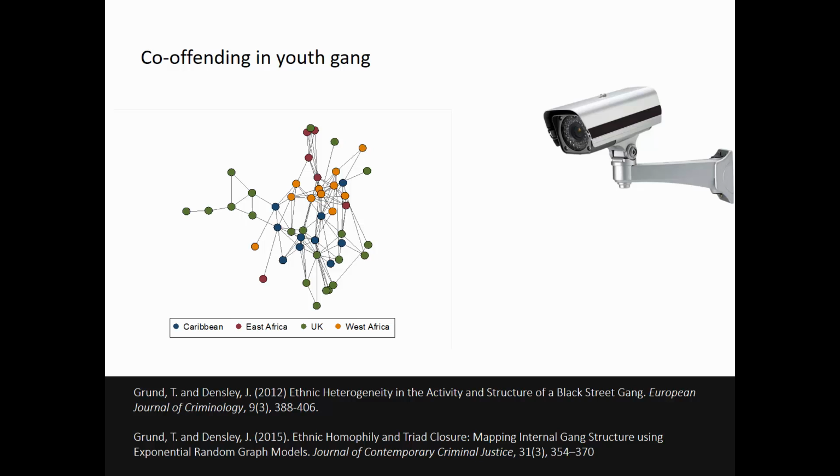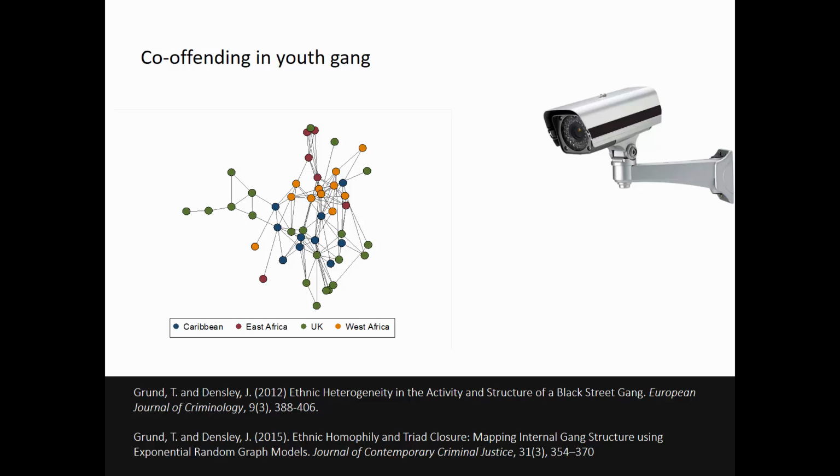So now what you see is basically 54 dots. They represent the gang members in this youth gang in East London, and you see them with 4 different colors. That's basically the ethnic background of those kids.